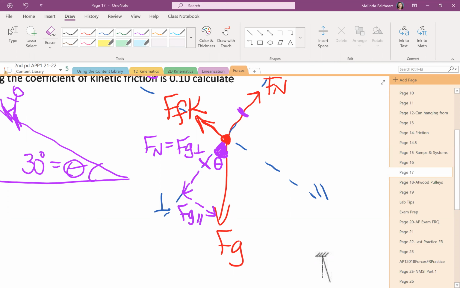FG should be what part of the right triangle? The hypotenuse. And so if you draw it in and you're like, oh, that doesn't look like the hypotenuse, make some adjustments, okay? On test day, use pencil so you can erase, yes? But it should be that your components are separated by 90 degrees. Good on the diagram?